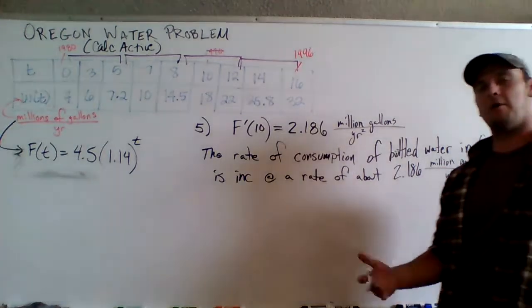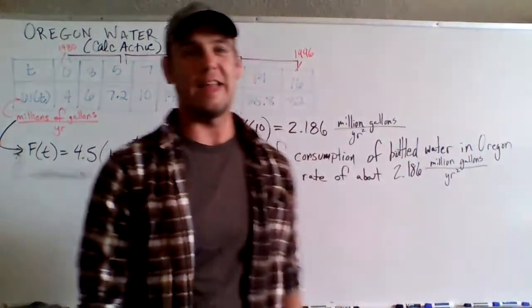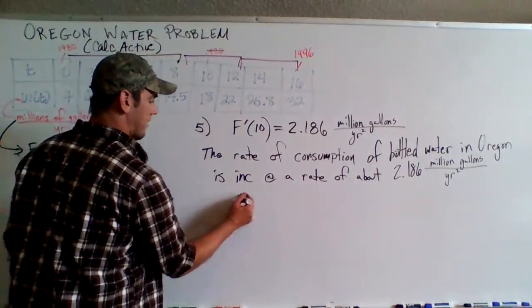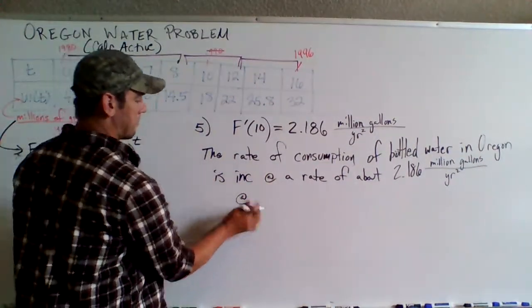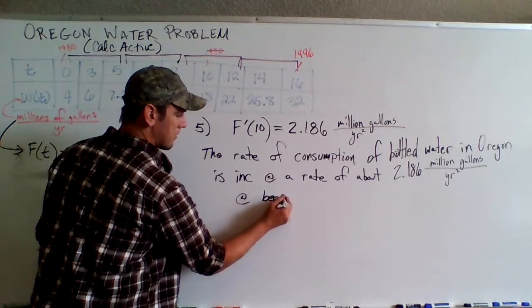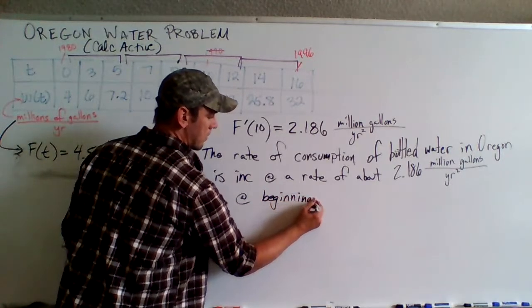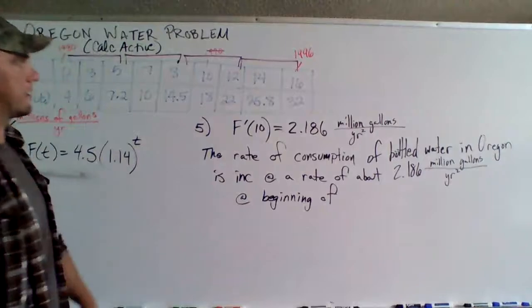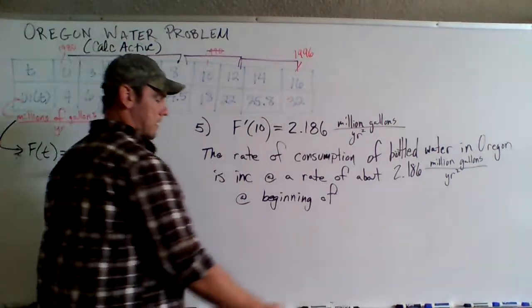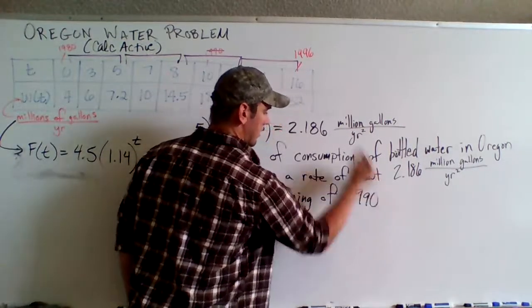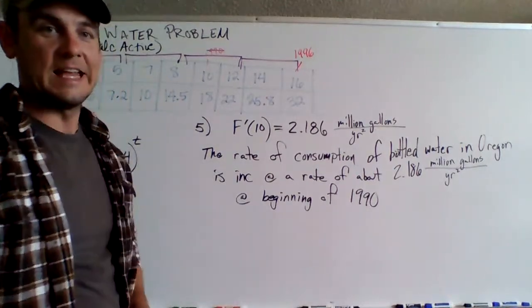Now, once again, it's not always going to be increasing at that rate, just at that instant. So at the beginning of, we're talking 10, so it's going to be 1990 again. At the beginning of 1990.